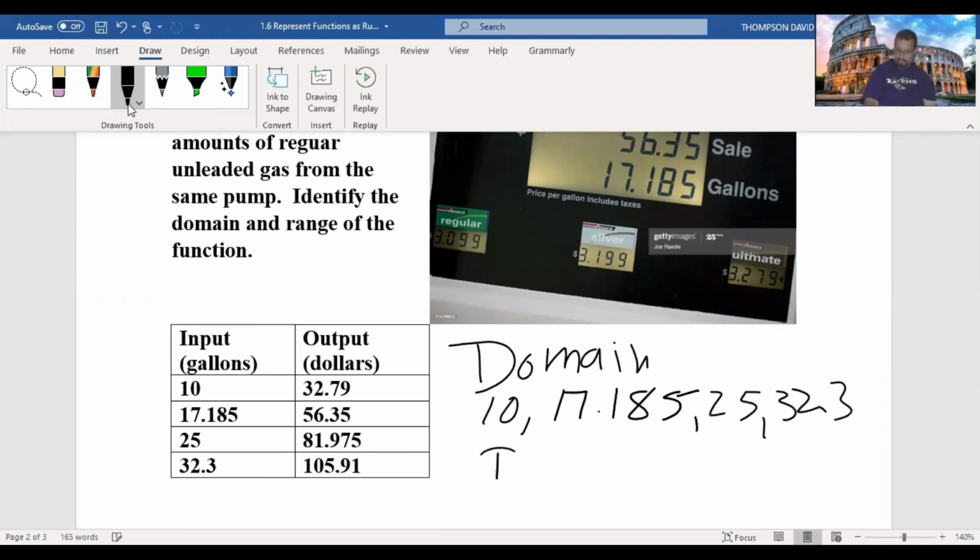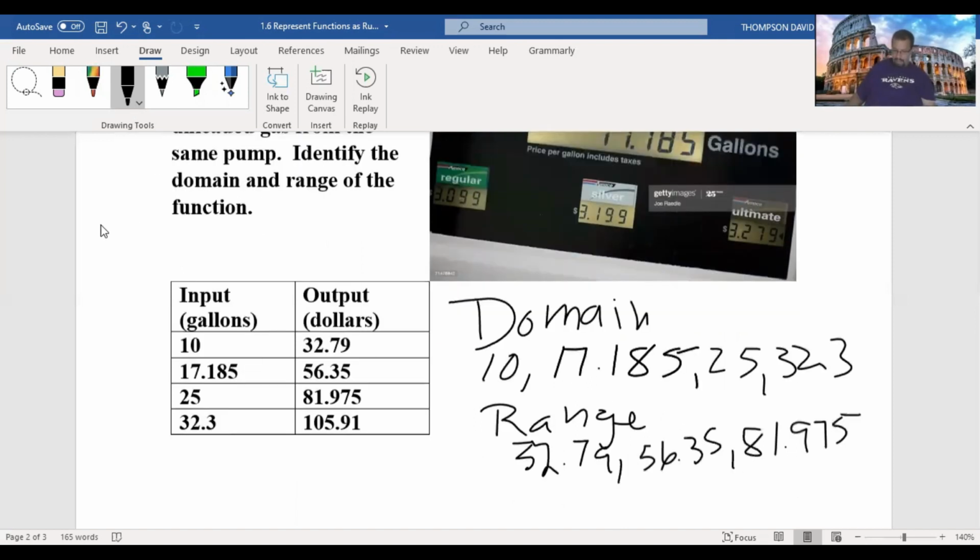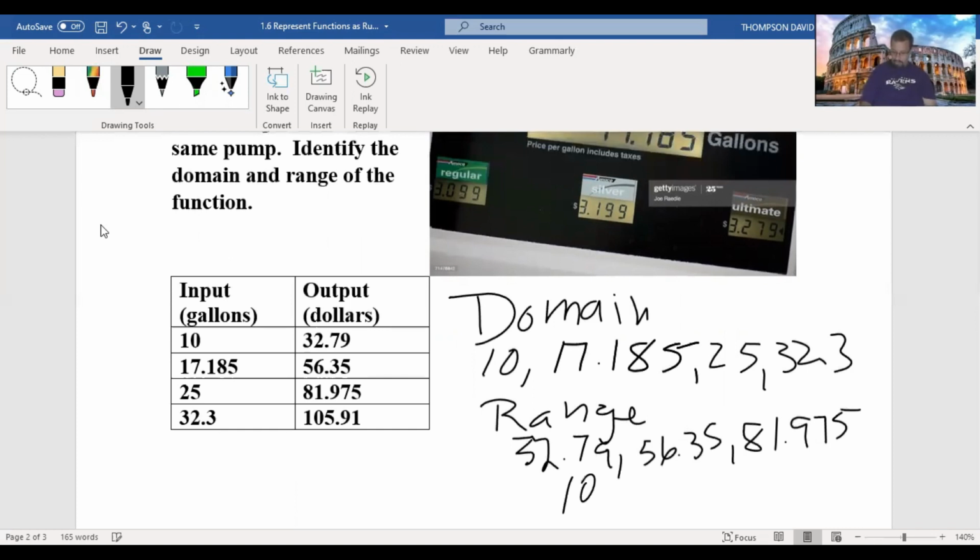Our range will be our numbers in the right column: 32.79, 56.35, 81.975, and then 105.91, and we found our domain and our range.